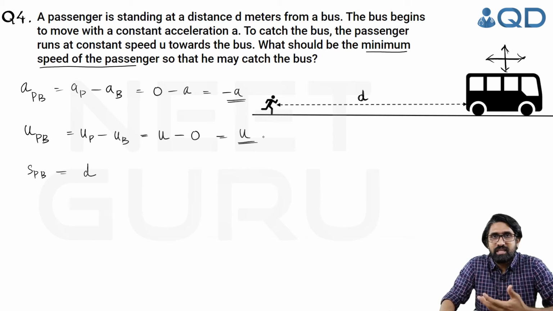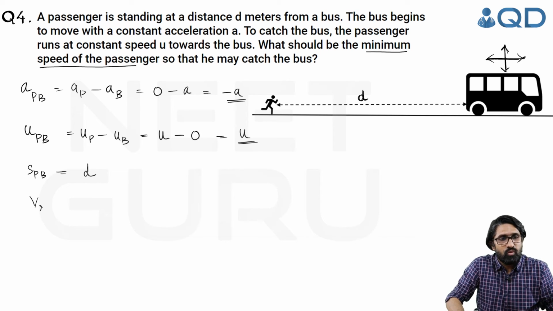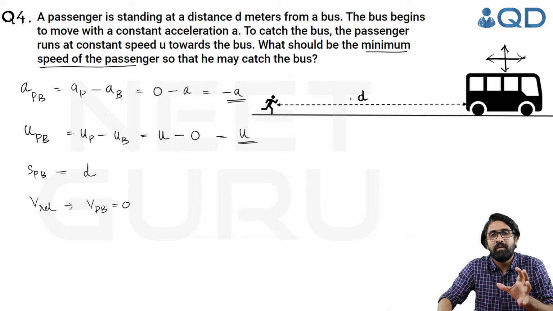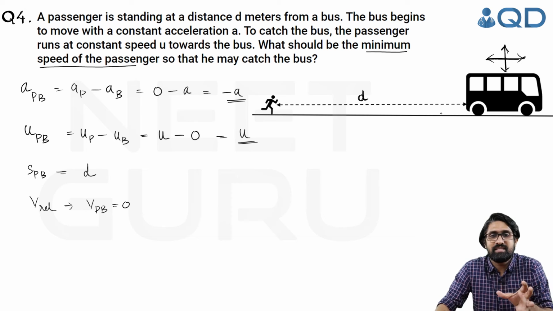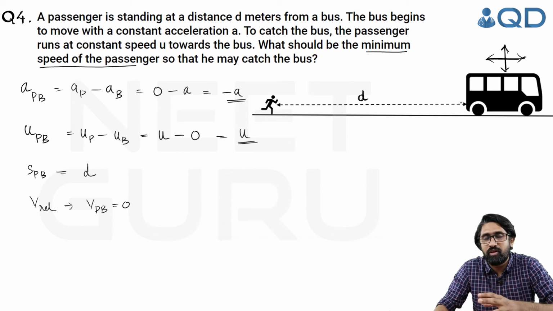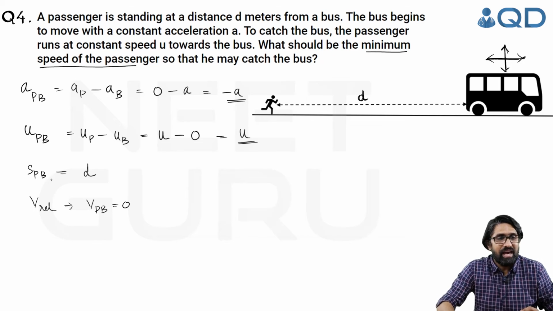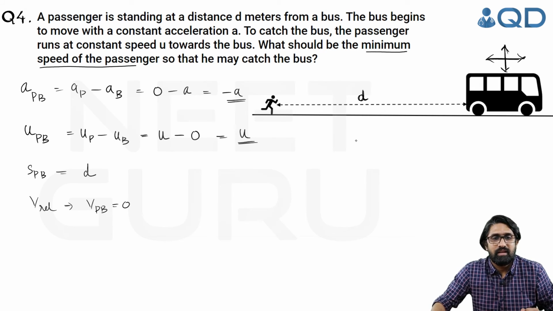So for the minimum velocity case, V relative or VPB should be equal to 0. That is when the passenger can catch the bus with the minimum effort, with the minimum velocity with which he can travel. Now, if that is true, we can use the equation V square is equal to U square plus 2AS.